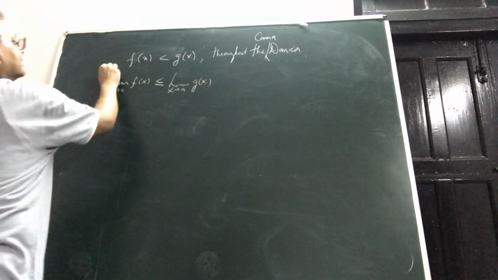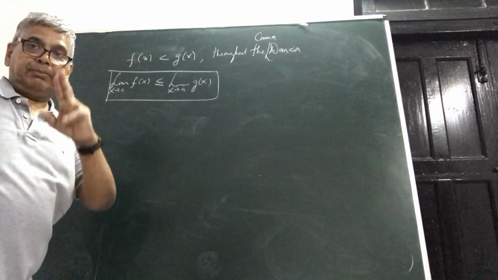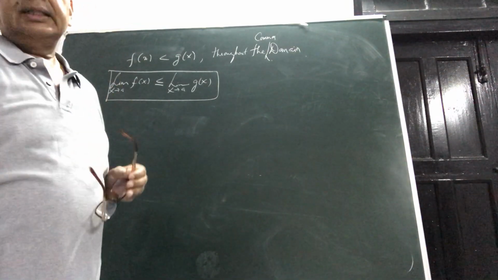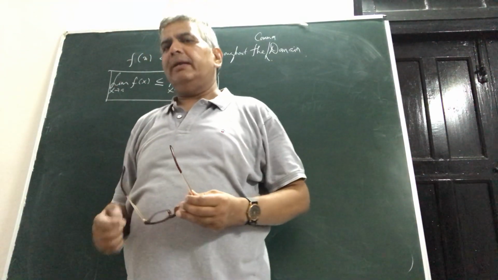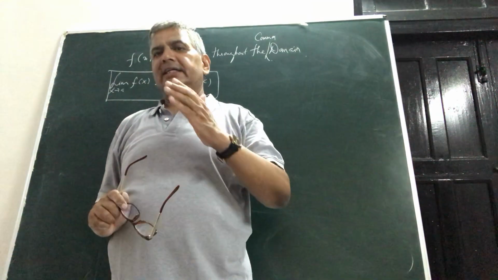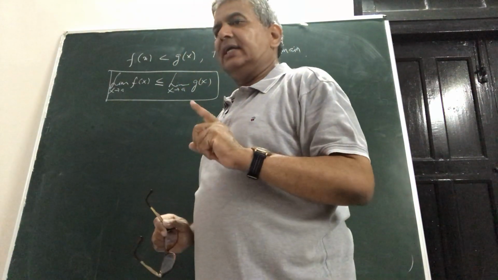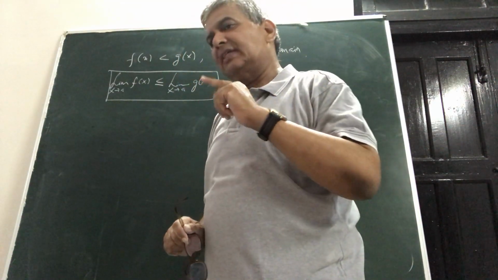This is the important result, and remember that you made use of this result while proving that the limit of sine theta upon theta when theta tends to 0 is 1. You proved this result in class 11 making use of the sandwich theorem.